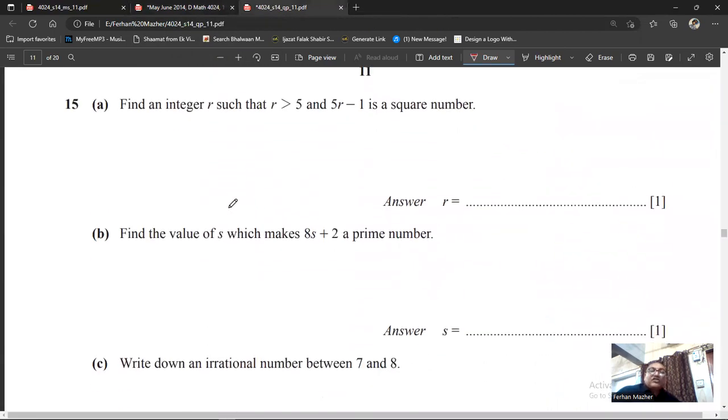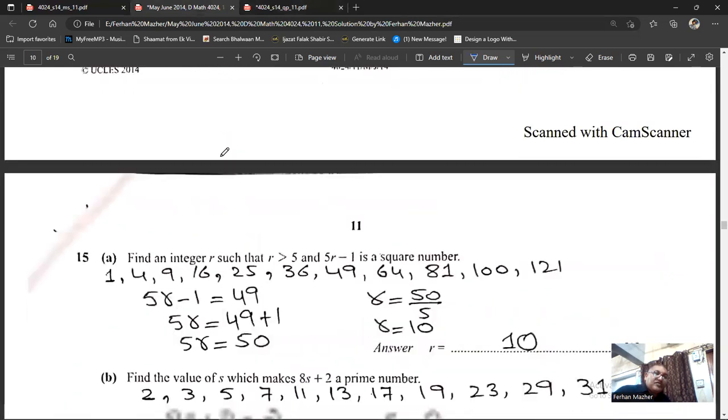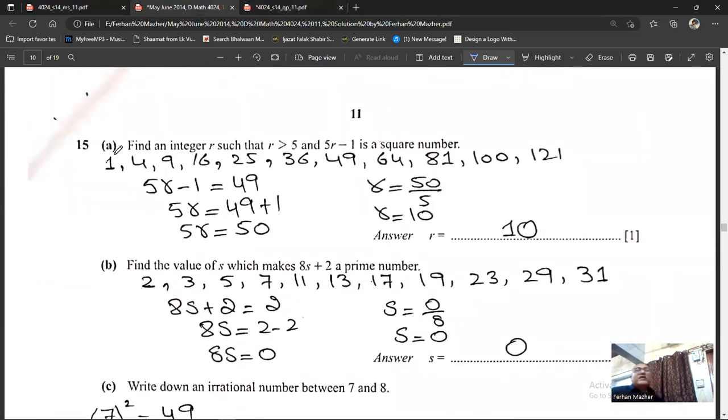Then we have question number 15. He says find an integer r such that r is greater than 5 and 5r minus 1 is a square number. So my method is, it's not an easy question. Square numbers are 1, 4, 9, 16, 25, 36, 49, 64, 81, 100, and 121. So by chance, I took 49.